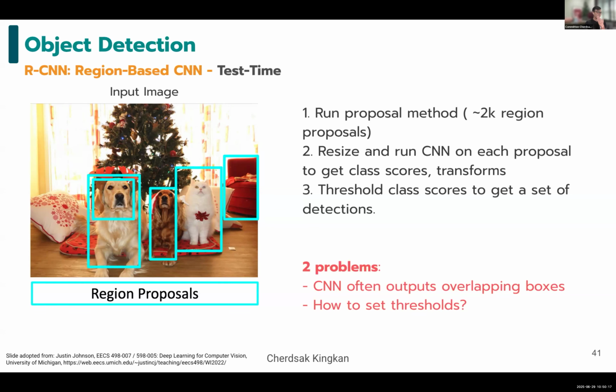But from our sense, it should be just one box classifying this region as a dog, and we get two boxes. So how can we eliminate that overlapping box? And another problem is, how can we set this threshold, which region to keep and which region to throw away?